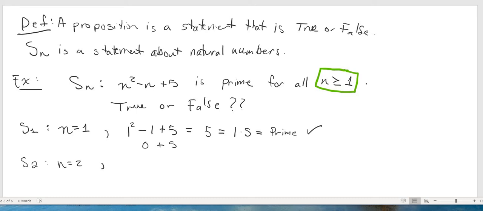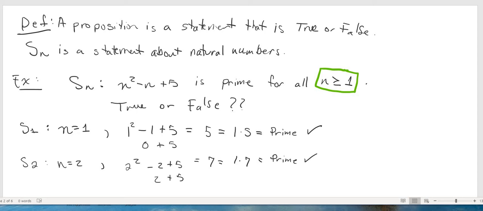Alright, let's see what's going to happen here. 2 squared minus 2 plus 5, what is this? This is 4. 4 take away 2 is 2. 2 plus 5, that's 7. Yep, 7 is prime because the only numbers that go into 7 are 1 and itself, 1 times 7. So far so good.